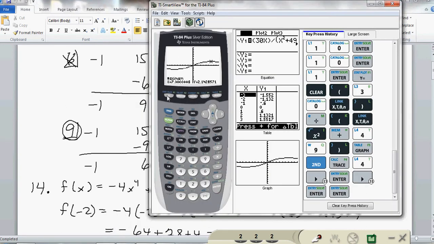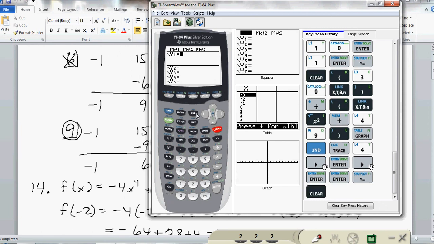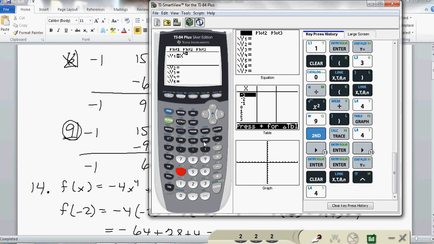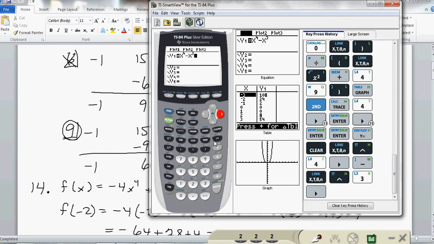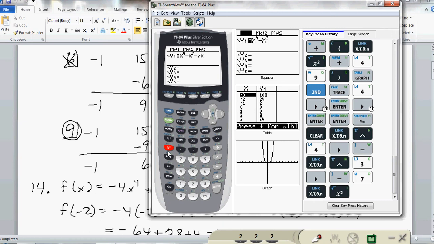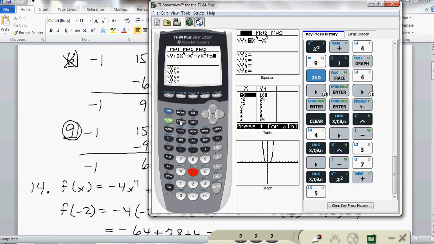So I'm going to go to y equals, clear all that out, and I get x to the 4th power minus x to the 3rd power minus 7x squared plus 5x plus 10.